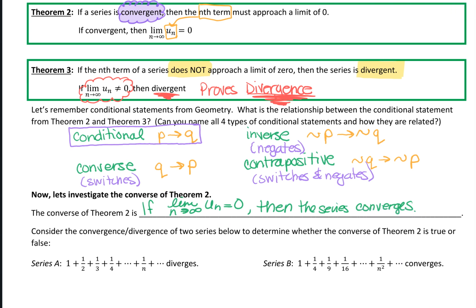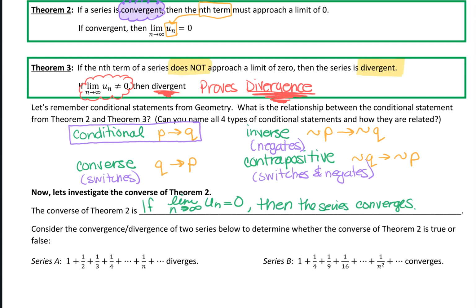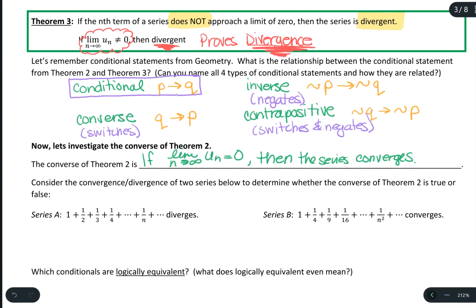Okay, so for each of these two series, series A and series B, go ahead and find the limit of u sub n. So we have the limit as n approaches infinity of u sub n, which in this case is 1 over n.